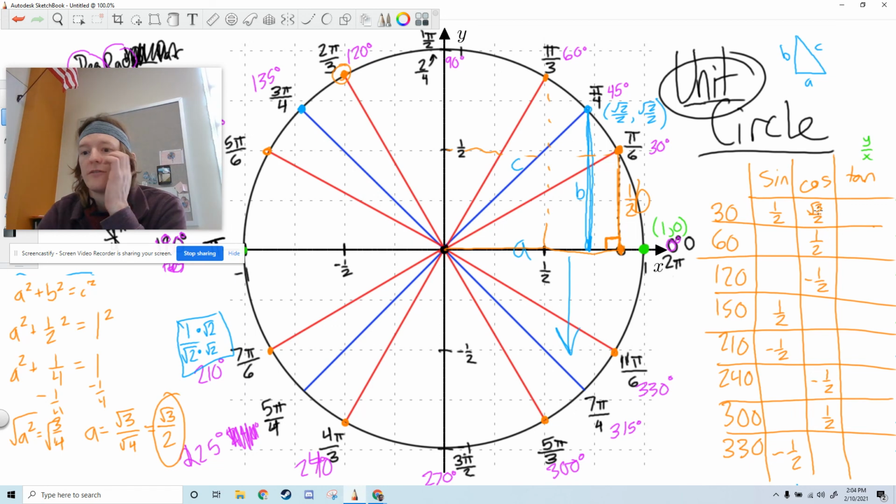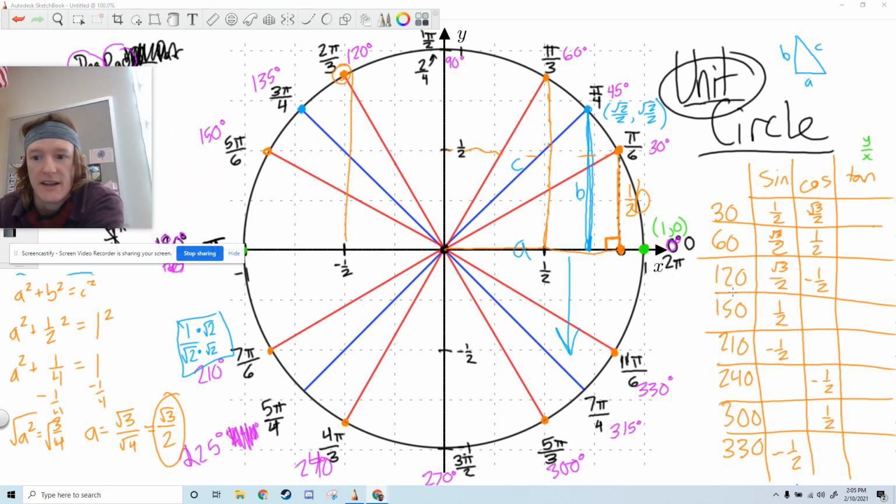Notice that square root of 3 over 2 is larger than 1/2. So we're looking for all the larger sides. So I know that at 60 degrees, my sine is square root of 3 over 2. At 120, my sine is square root of 3 over 2. At 150, my cosine is a negative square root of 3 over 2.